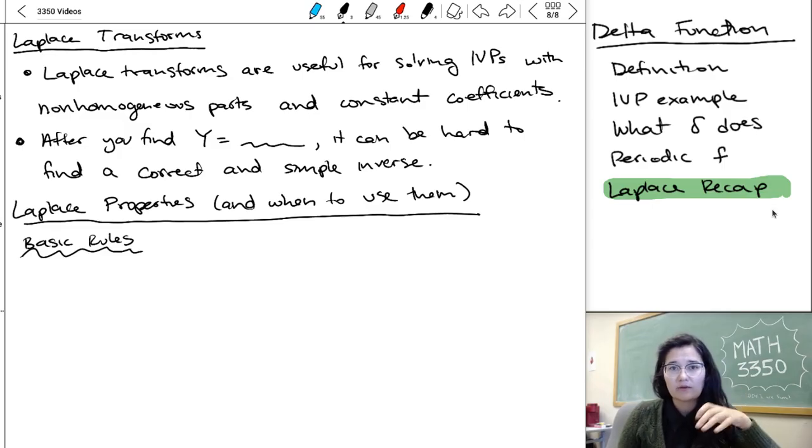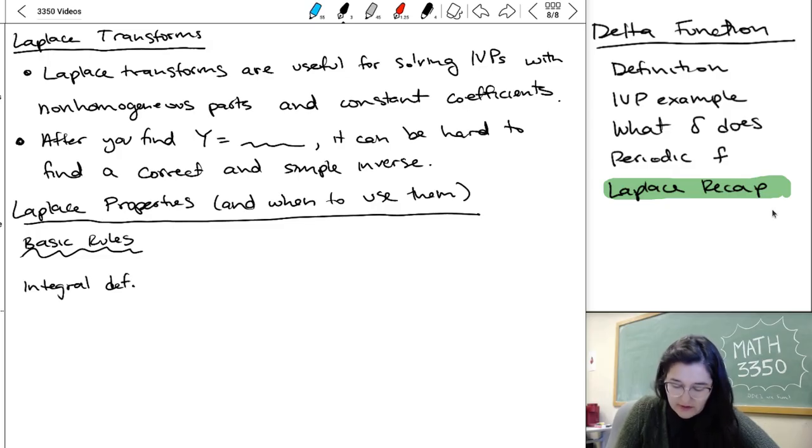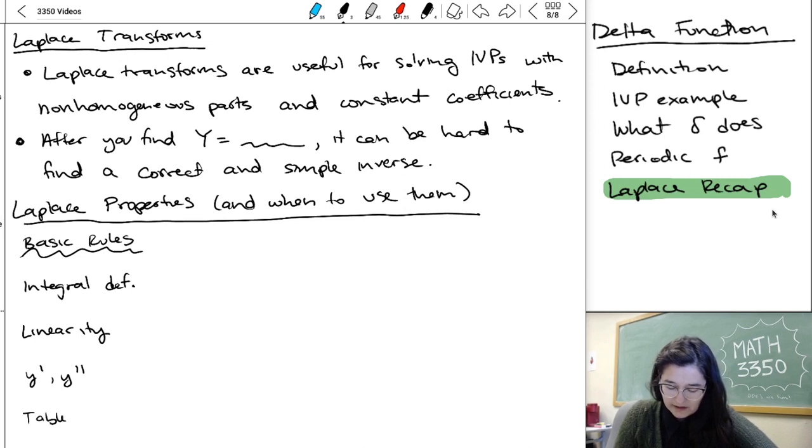I'll just write down one of the formulas so that you kind of have a memory of it, hopefully. So we learned the integral definition of Laplace transforms. We learned that they're linear, and we learned how to take Laplace of derivatives. And we also learned that there's a table that lists Laplace of a bunch of different functions.